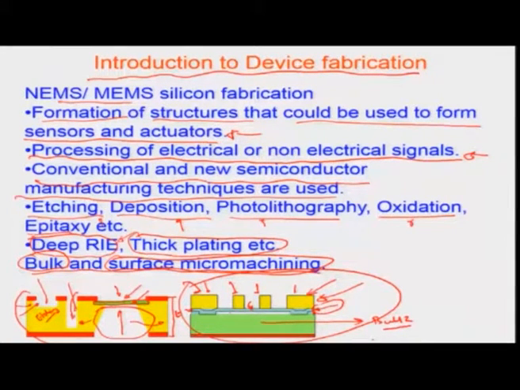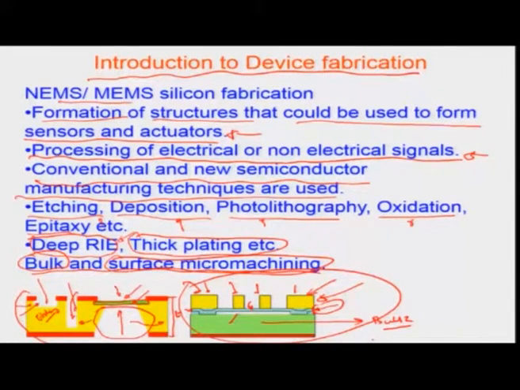The idea is that when this layer is removed here, it should not bend or warp; the structure should be stable, and it is through surface micromachining that you can build up such structures. So, that is how devices are typically fabricated.